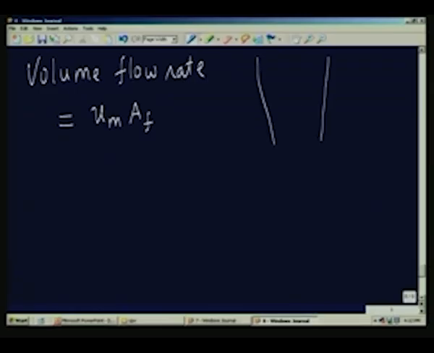Suppose we have a taper tube here and I have a bob like this, diameter is d, the area available between here and here, okay.